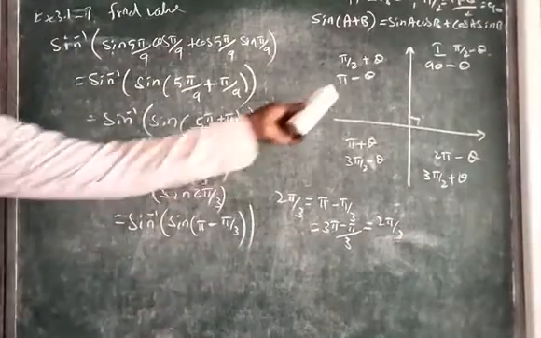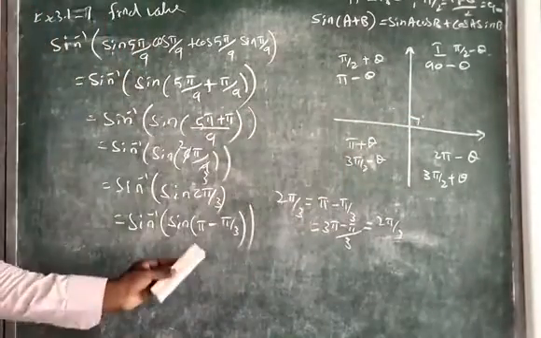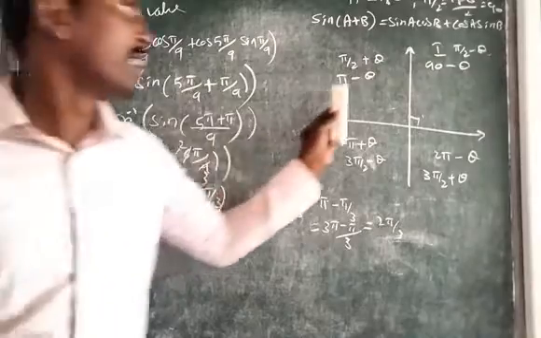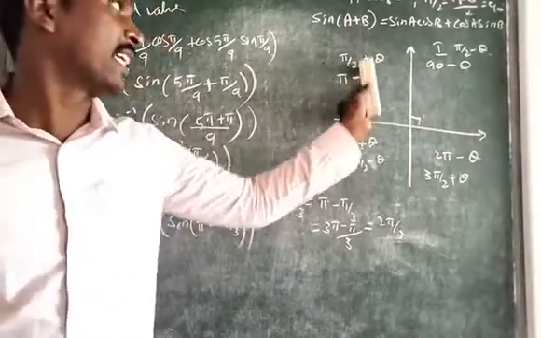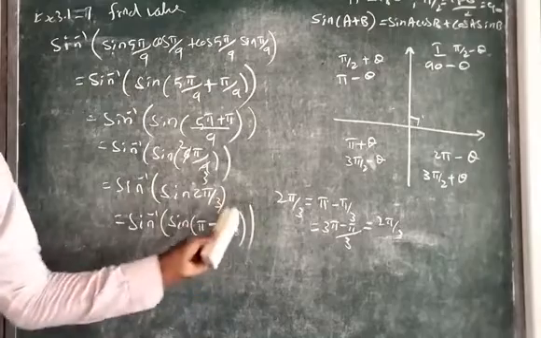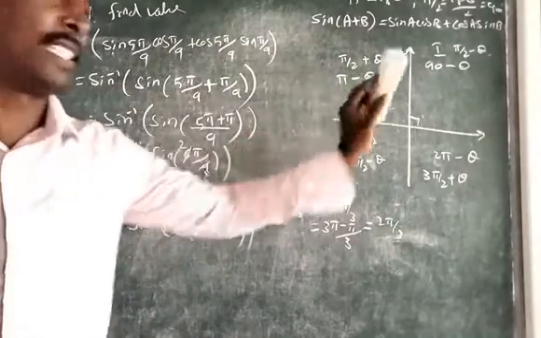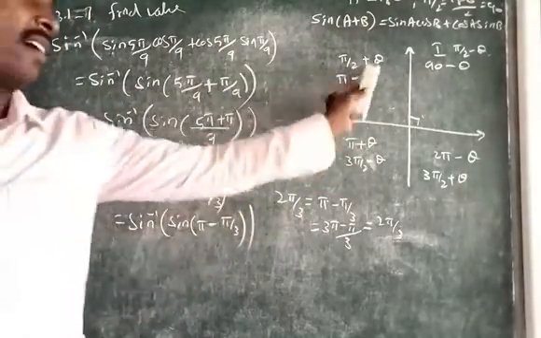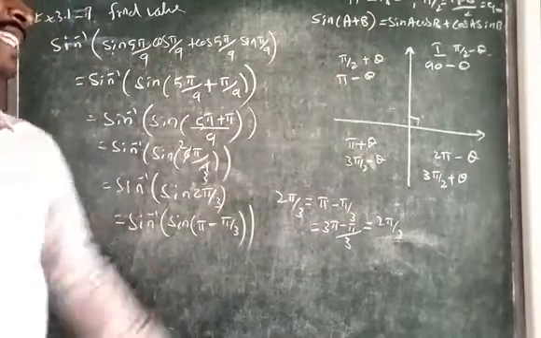Now we check which quadrant theta lies in. Theta represents the angle, pi by 3, maybe 45 degrees, 60 degrees, some value. So pi minus theta lies in the second quadrant.